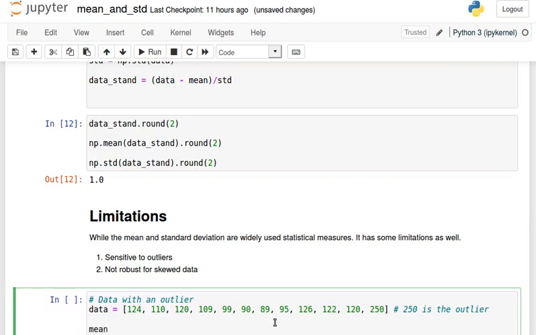So we will calculate the mean, np.mean of the data.